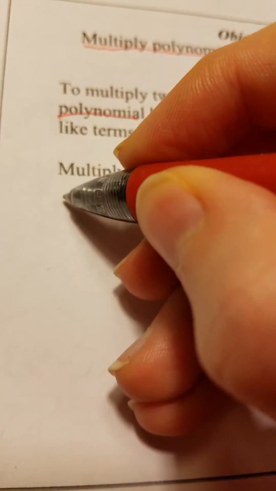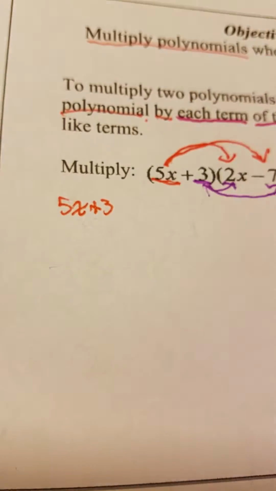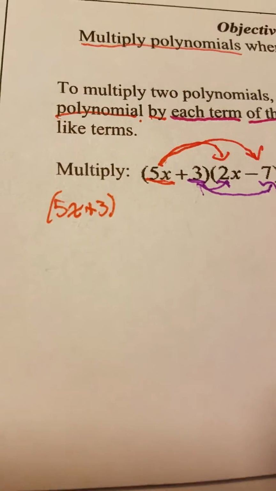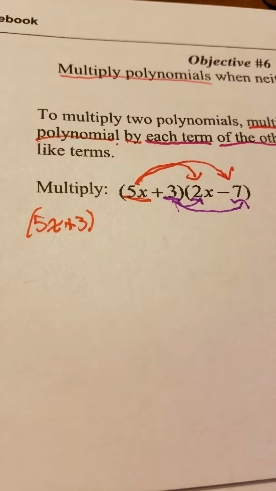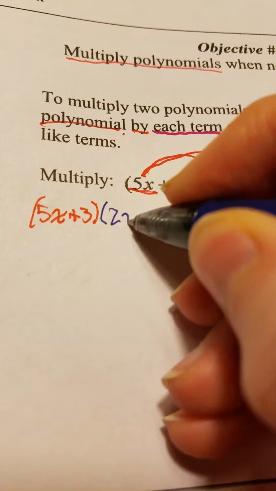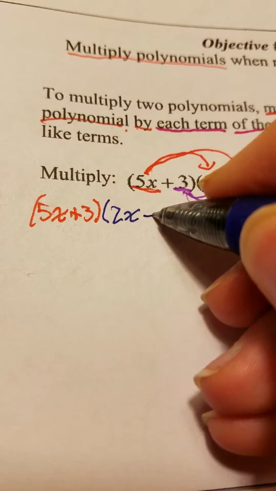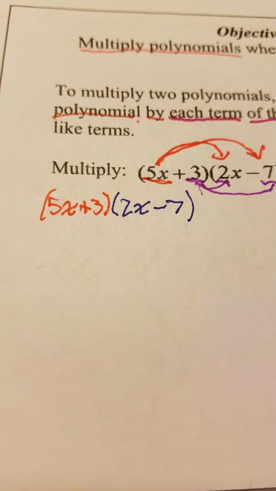Let's just go ahead and rewrite the problem. So 5x plus 3 times the 2x minus 7.